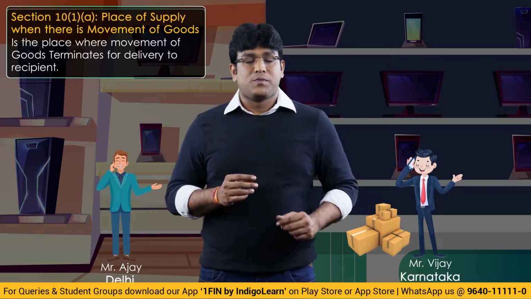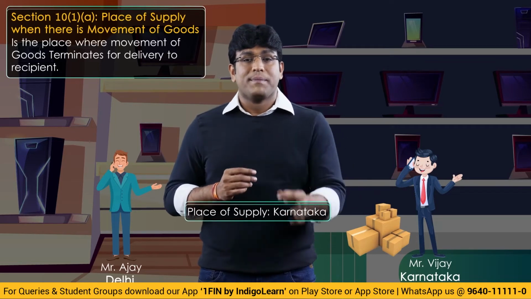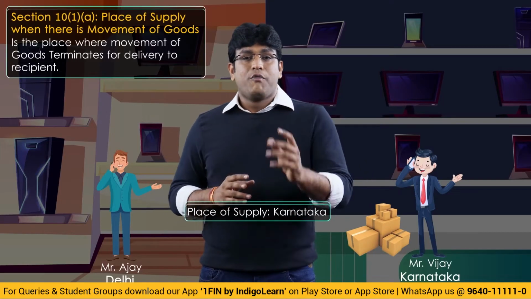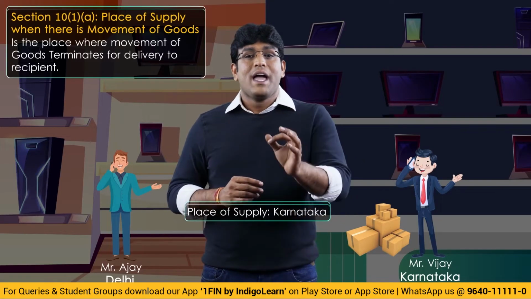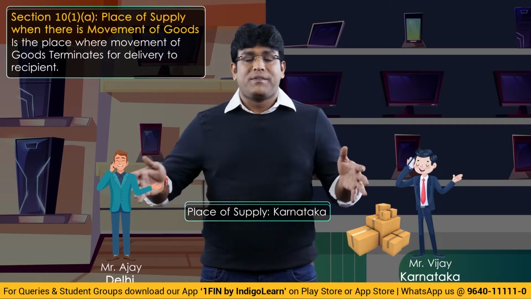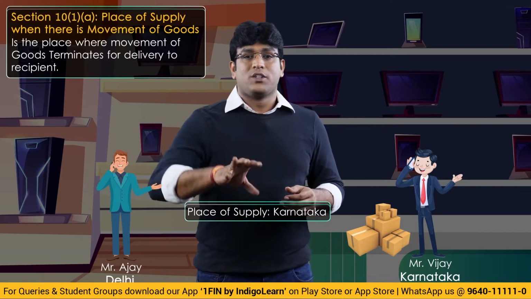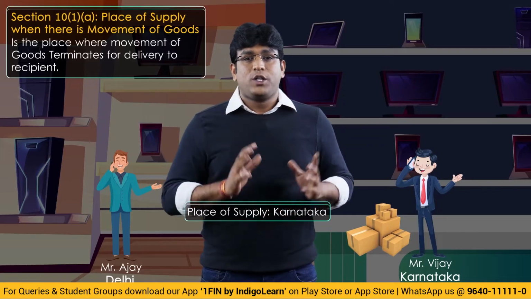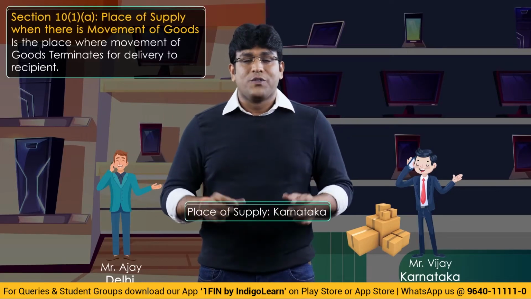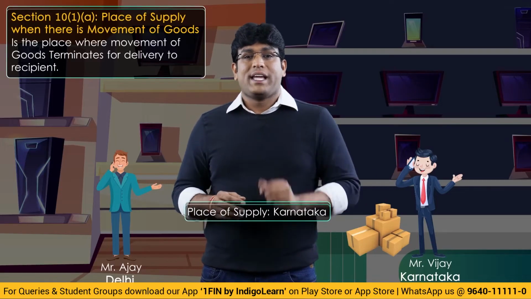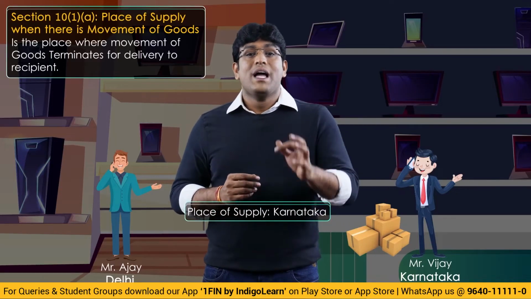In this particular case, my dear friends, place of supply will become Karnataka because movement of goods has terminated for delivery to the recipient in Karnataka. So in the transaction between Ajay and Vijay, the title on that goods is transferred from Ajay to Vijay in Karnataka only. So when the goods reach Karnataka, the transaction has come to an end. So in this particular case, place of supply will become Karnataka.